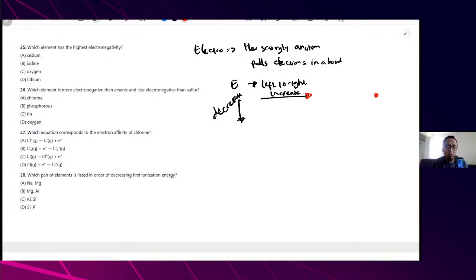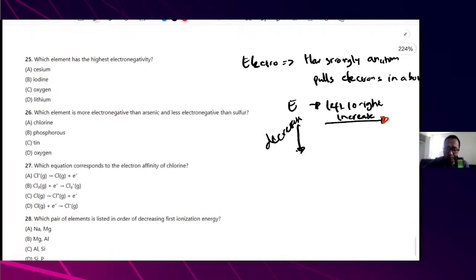So in conclusion we get the top right. Based on this information we know the options are cesium, iodine, oxygen, and lithium.